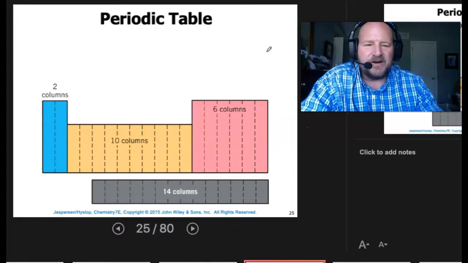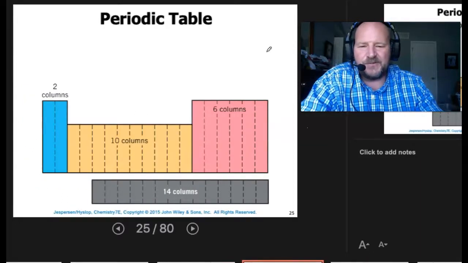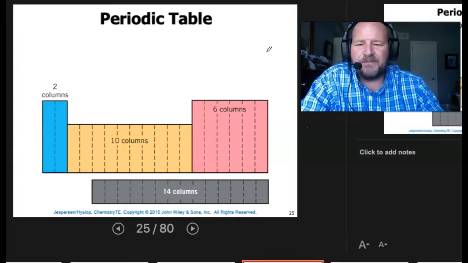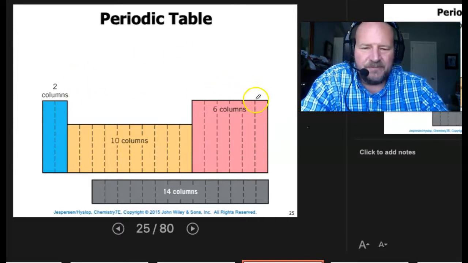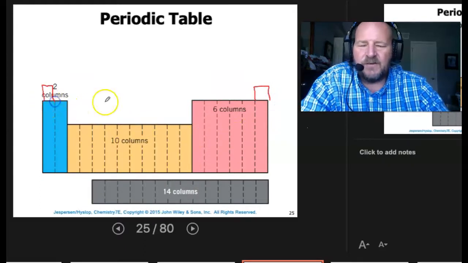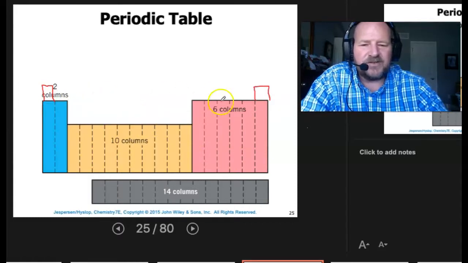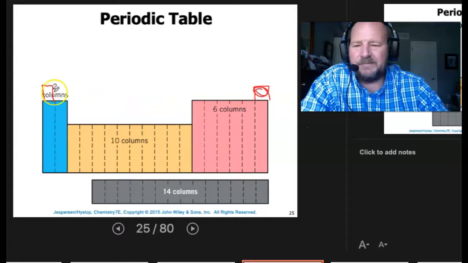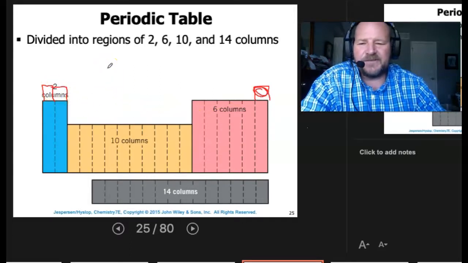Again, when you're looking at the periodic table, remember you can divide it into 2, 6, 10, and 14 columns. Notice for the s, if we put in that first energy level, we have helium here, and we have hydrogen over here. Whenever I think in terms of electrons or electron configurations, I usually, in my mind, just move that helium over here. Okay, it just makes life a little easier sometimes.